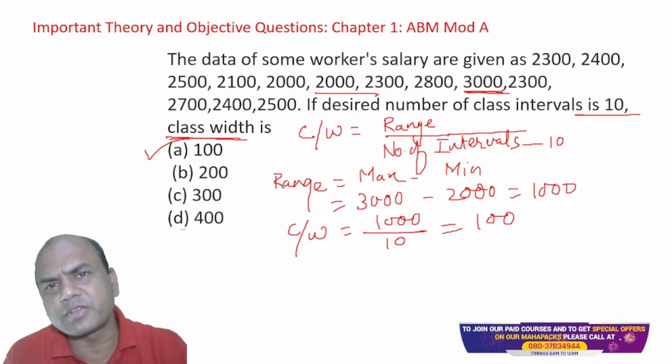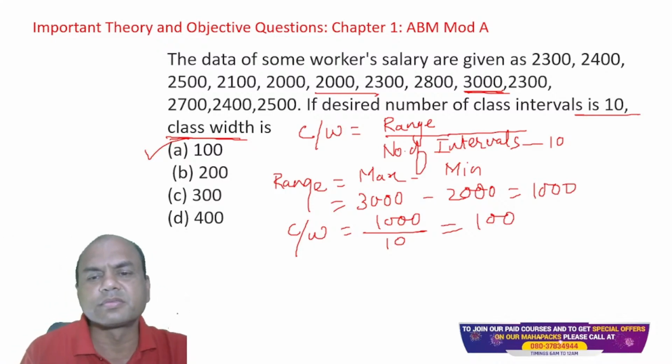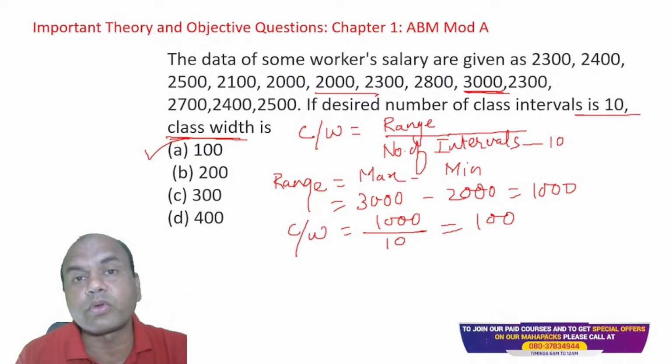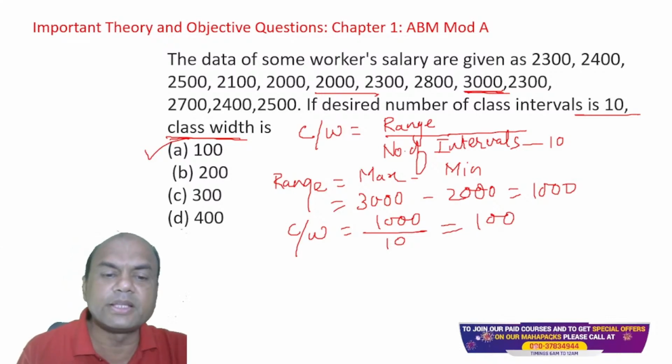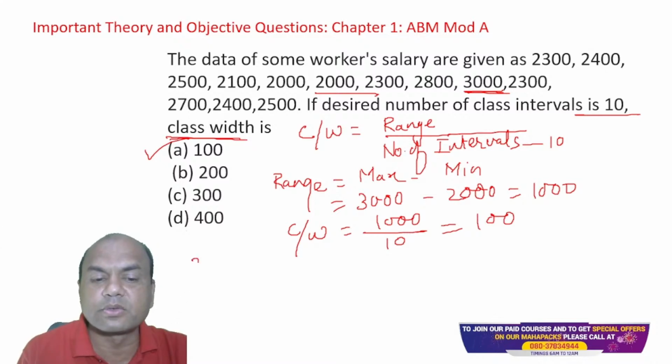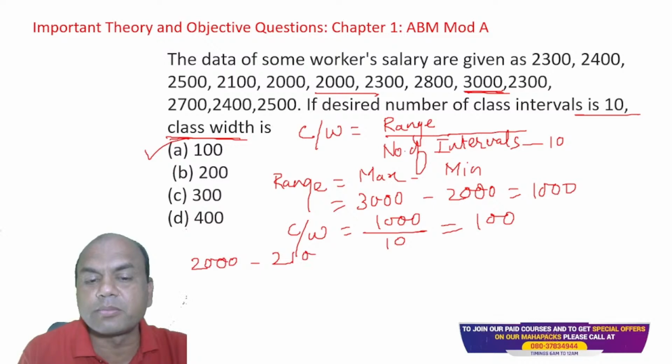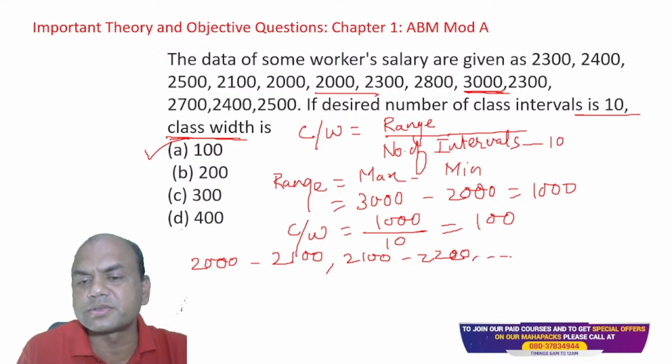What do you mean by class width? What is the meaning of this word? This 100 you have got, it means when I start arranging these numbers, I'll be arranging them like this: 2000 to 2100, lowest number, and then go on adding 100. Then 2100 to 2200, and so on, up to the last number 3000.